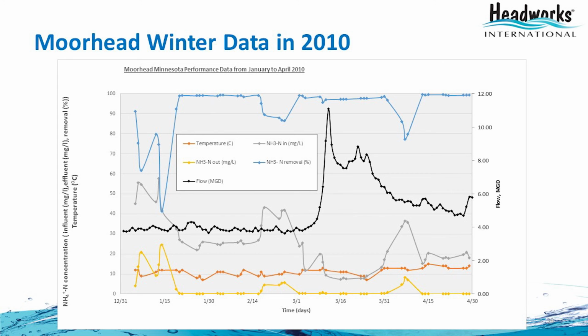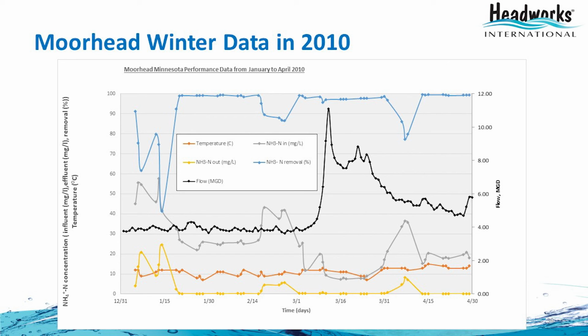Here we are looking at a close-up view of the data, winter only. You'll see the flow around March 1st at the bottom of the picture. See that the black line flow increases suddenly. This is because of all the snow and the road melting coming to the wastewater plant. And ammonia, shown on the gray line, also in winter, is very high, as high as 50 milligrams per liter.